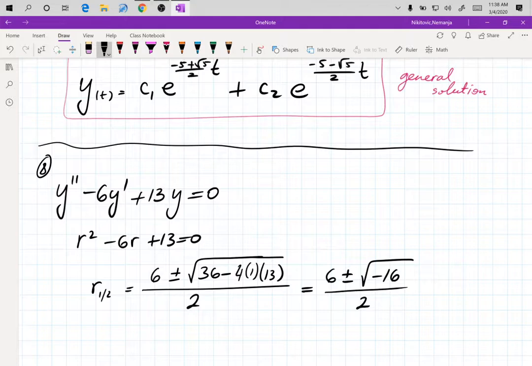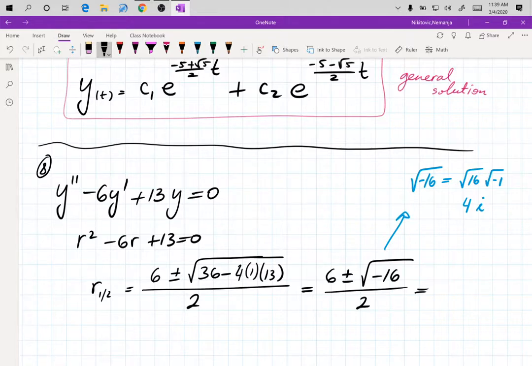And here is our complex number. Those of you not remembering how to deal with a square root of a negative number, that's what produces the complex values. You are supposed to break the square root of negative 16 into the square root of 16 and the square root of negative 1. Square root of 16 is 4, and the square root of negative 1 is i, which is how we get 4i.